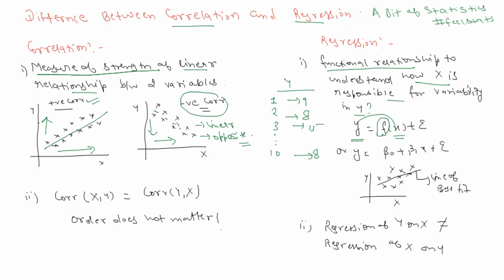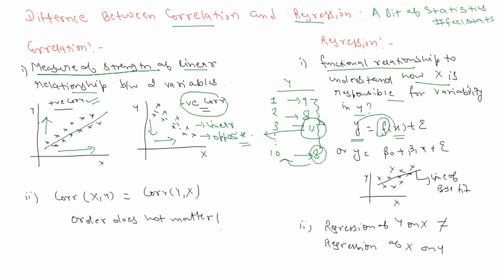Suppose I just want to understand why this data is varying, like why on a particular day we had so much of sales, like 15, and why we had 8 units sale on day 10. If we want to understand this type of variability in the data set with the help of an independent variable, we call it the concept of regression.